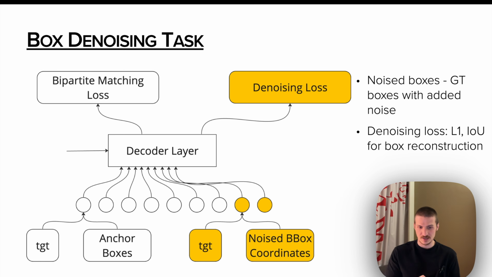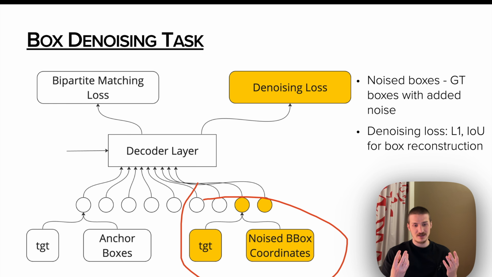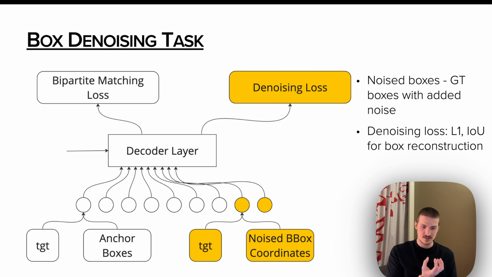So what denoising loss does is that it explicitly adds special queries that solve a similar problem. Normal white queries on the picture, as formulated in the dynamic anchor boxes DETR, consist of some content embedding and the positional embedding that is constructed out of just anchor boxes.